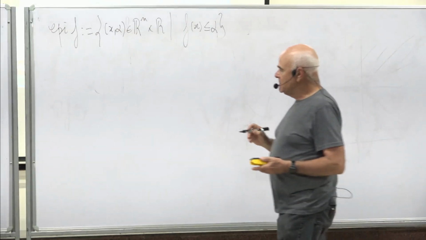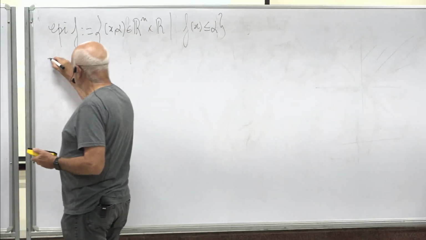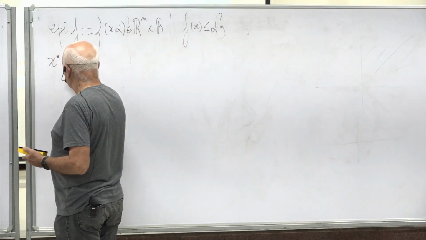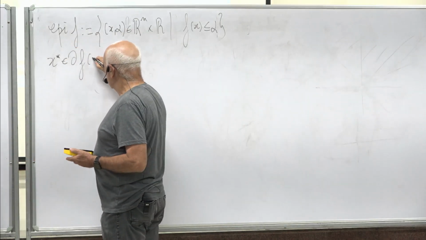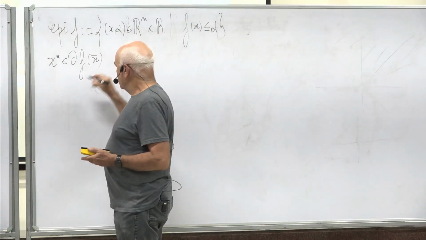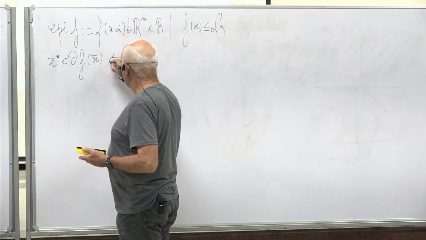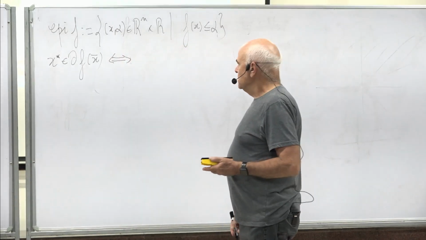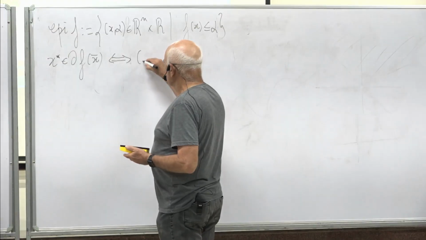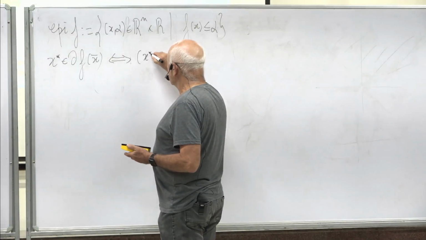So it happens that x star belongs to the subdifferential of f at x bar if and only if (x star, minus 1) belongs to the normal cone.